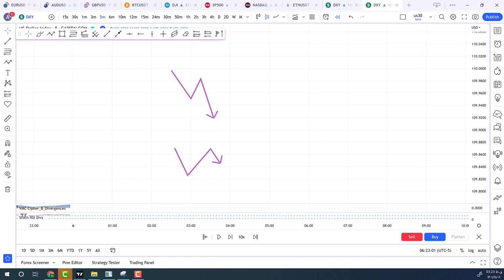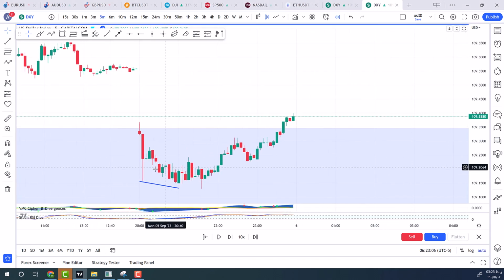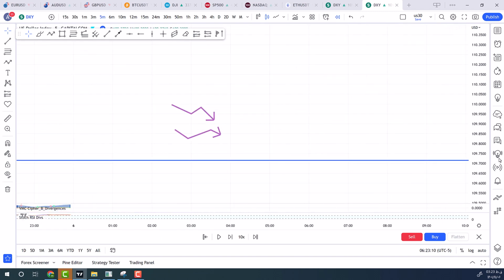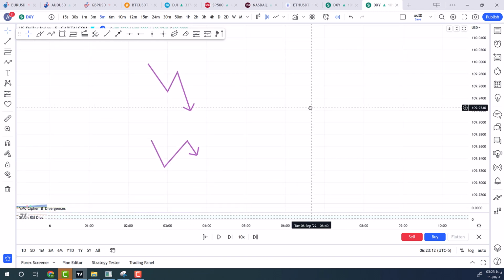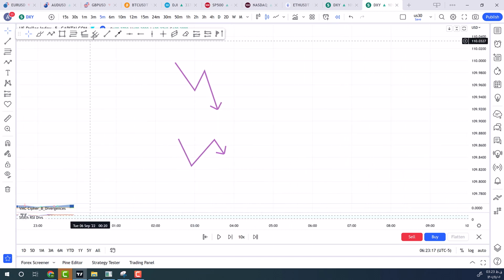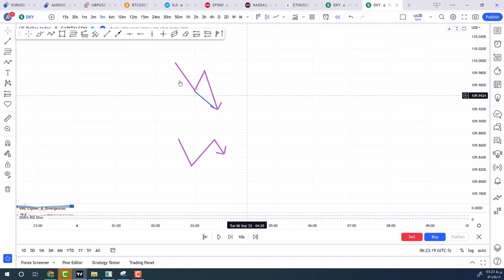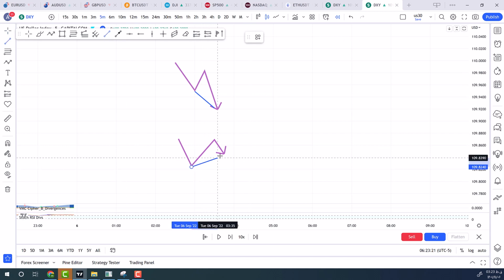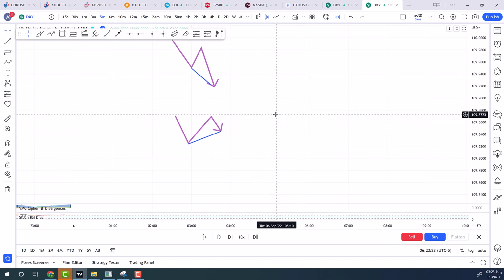But other gurus, what do they say? Oh, we have, for example, divergence here and it works. No, it doesn't work like that. If you try to just use divergences that you learn from other gurus, they say that the market is going down and the indicator is showing higher low.